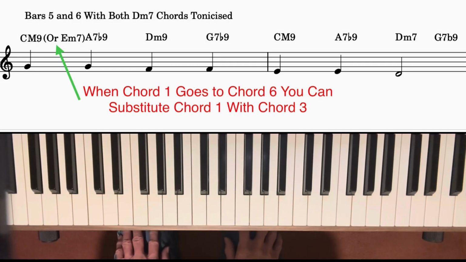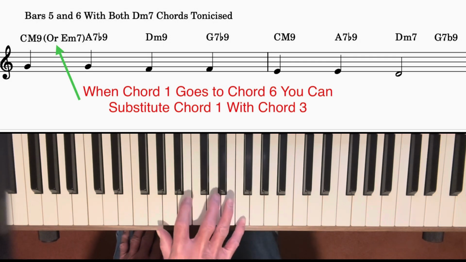However, what I did in the introduction was to use what we call a flattened fifth or tritone substitute. Instead of playing A7, I played E flat 7. So, what is a flattened fifth substitute and why does it work? Well, let's look first of all just at a G7 chord.